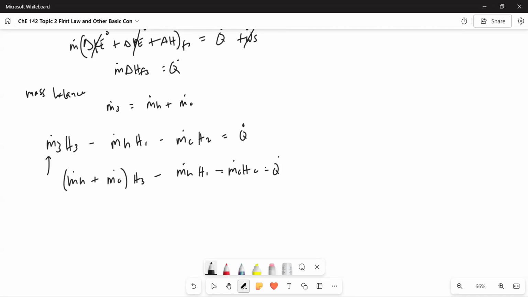Then we combine the same terms, grouping the mH together and mC together, equal to Q. This is just algebra, you can figure this out on your own.